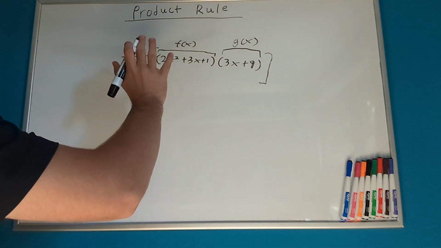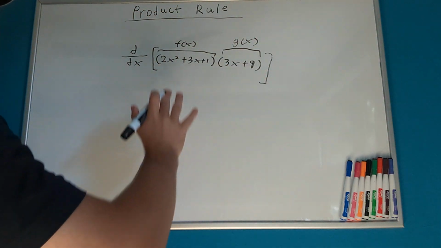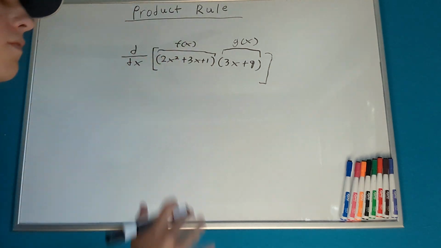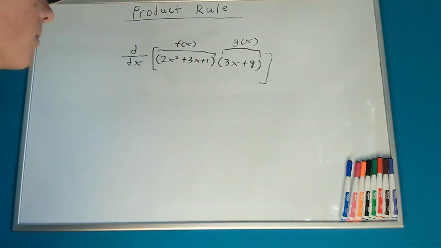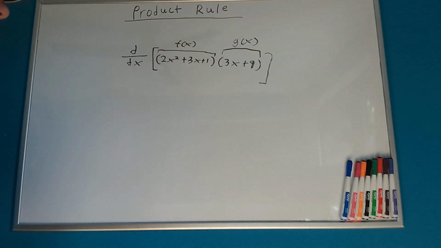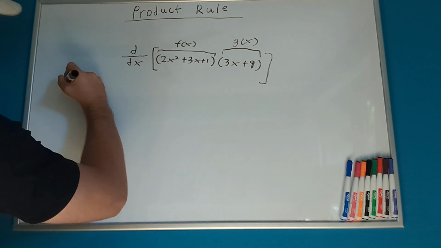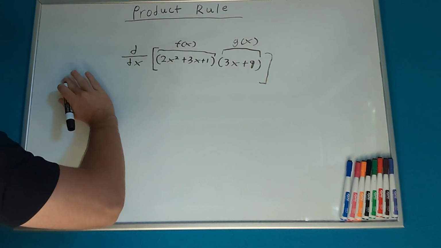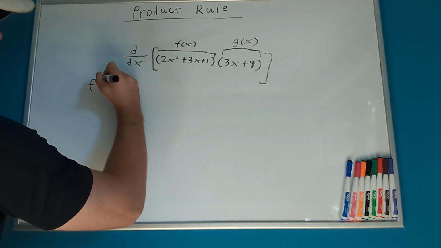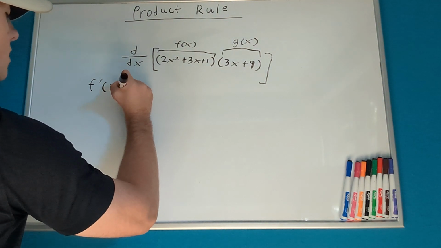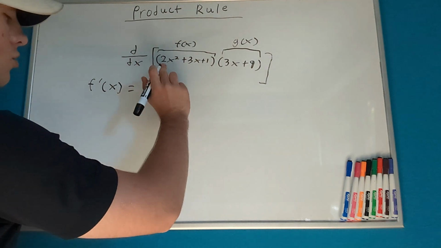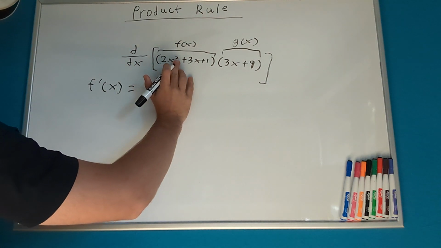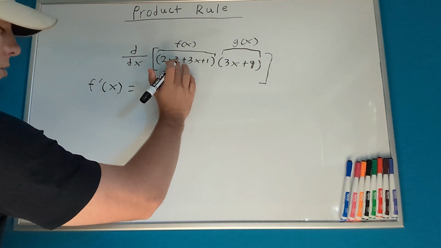So as we said before, the first thing we want to do is find the derivative of f of x, right? Because we're going to need to use that in our product rule. And that will be pretty simple to do. Let's just say that f prime of x equals, well, we can just use the power rule. So for this first thing, we bring down the 2 and we decrease it by 1.